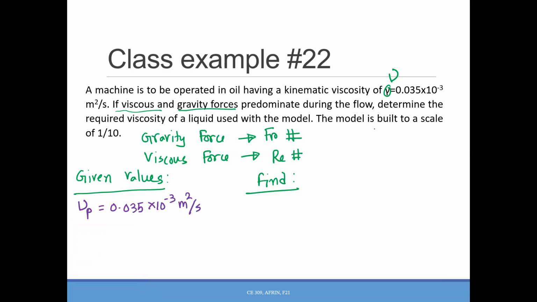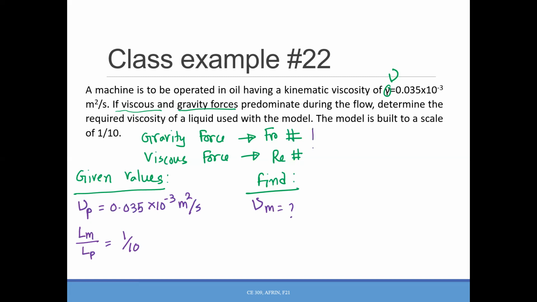And we also know the model is built to a scale. So that means L model over L prototype equals 1 over 10. And you need to find the required viscosity of a liquid used with the model. So that's what we need to find here.